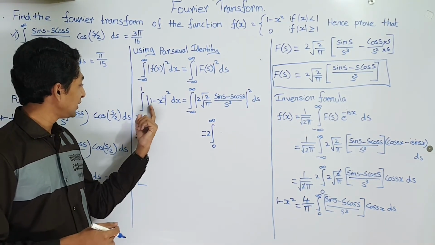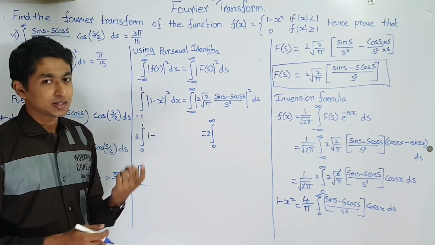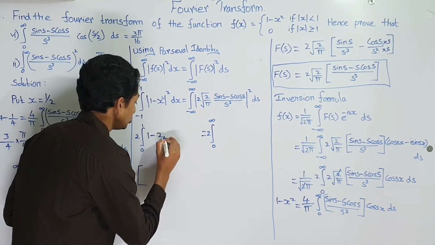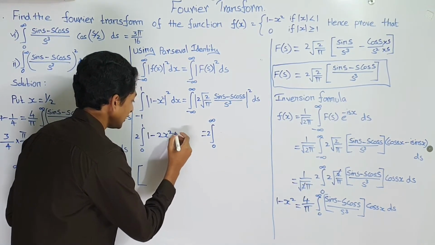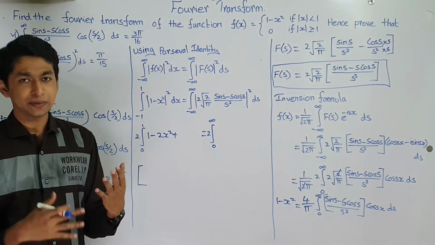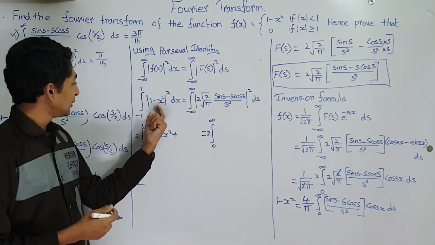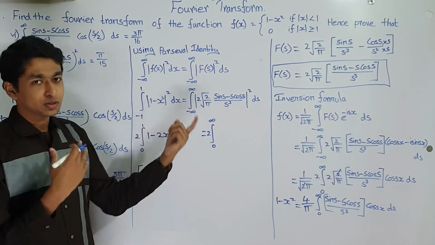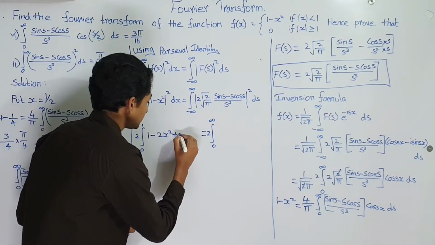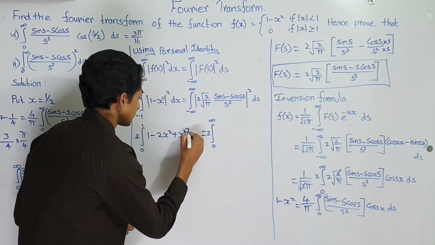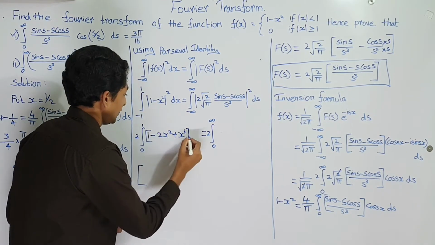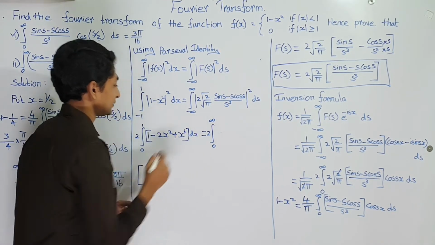So a 1, b x square கொடுத்துறாங்க, so 2x square வரும். Plus b square. So b square பாத்தீங்கன்னா b நமக்கு x square, அத ஸ்கொயர் பண்ணும்போது x power 4 ஆயிடும். So x power 4 dx with respect to x.